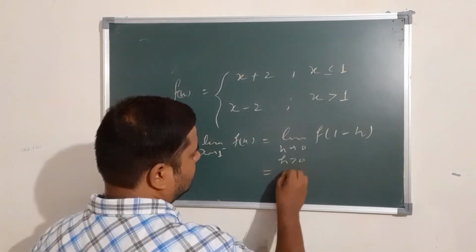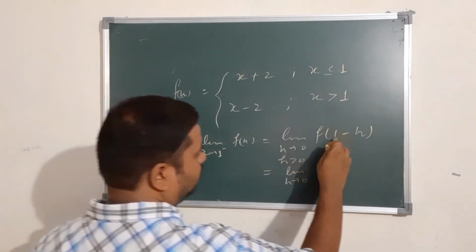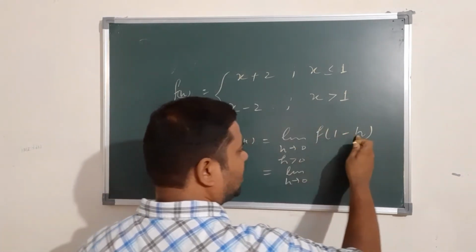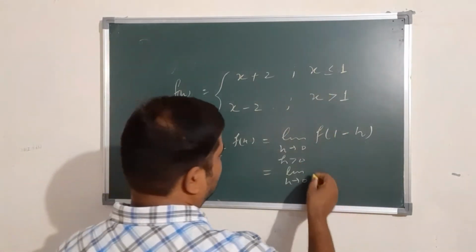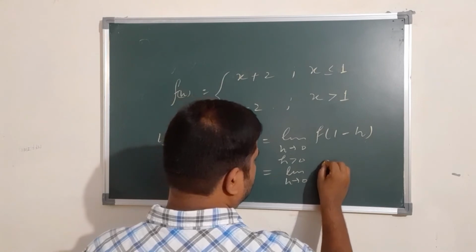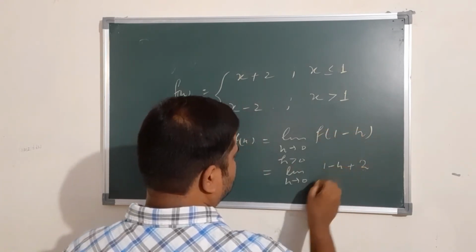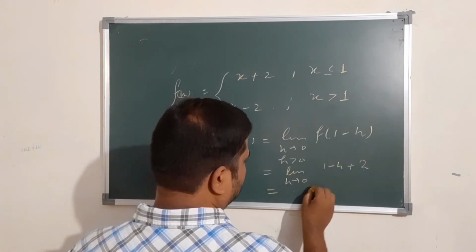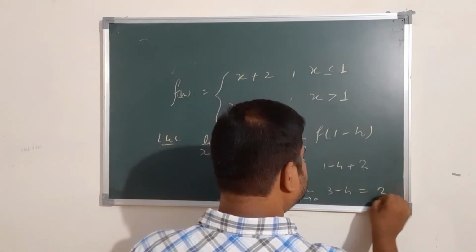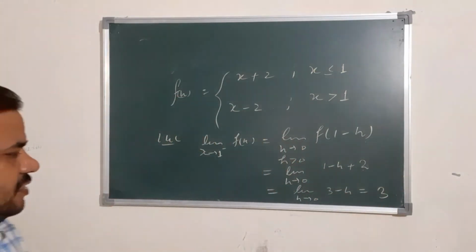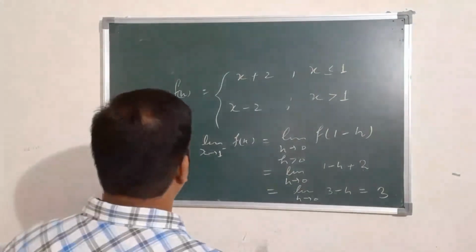Here 1 - h is a quantity less than 1. For less than 1, the function is defined as x + 2. So this is 1 - h + 2, that is 3 - h. So limit h tends to 0 of 3 - h is 3 only, because if you put h = 0, then this is 3. LHL is 3.